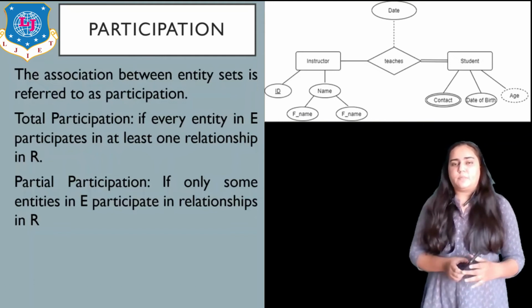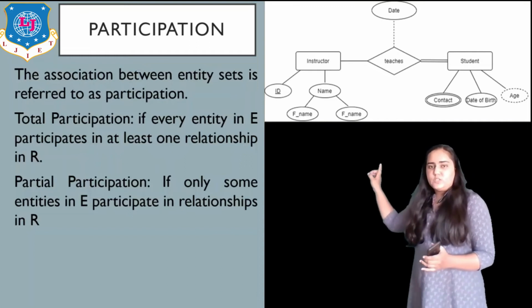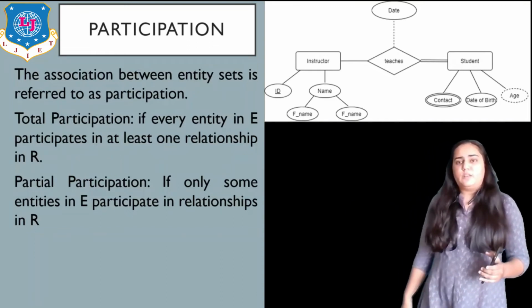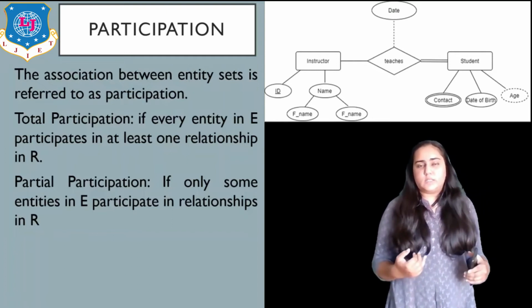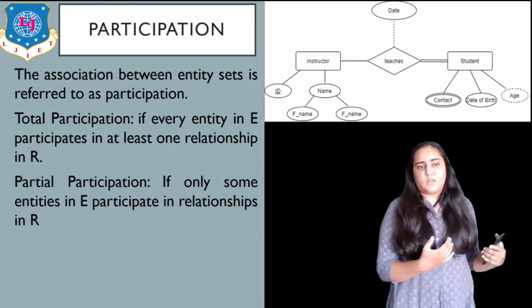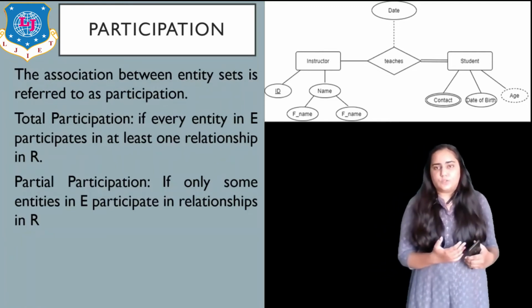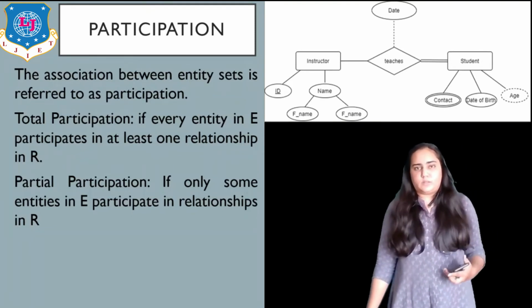So that's why it would be a partial participation. So we would show it with just one single line like this. But if it's a student, every student is definitely related with some or the other instructor in the university. And so we would be creating two lines to show total participation.